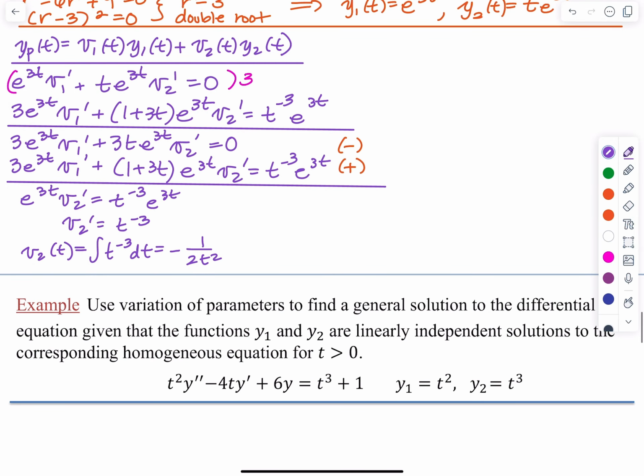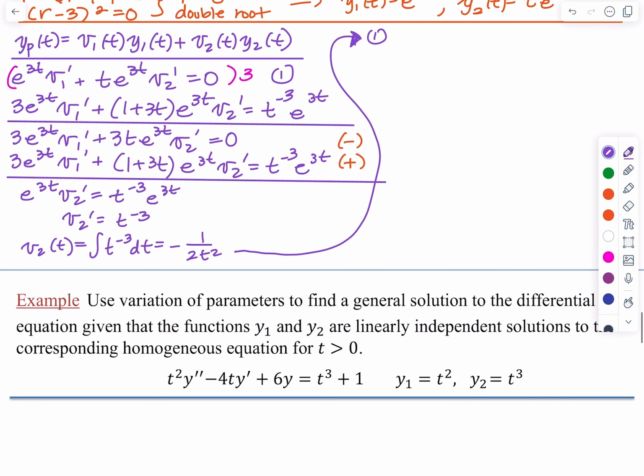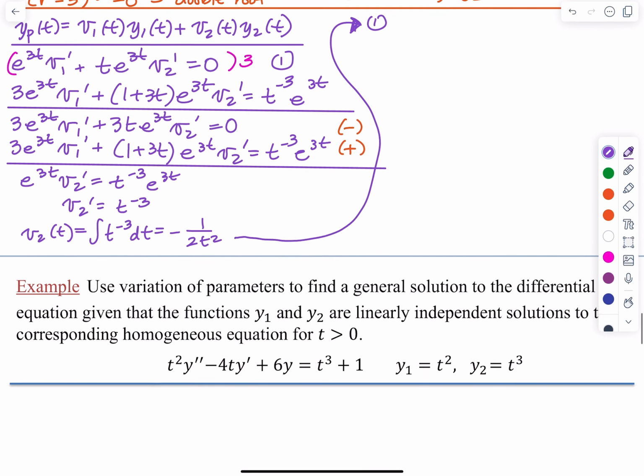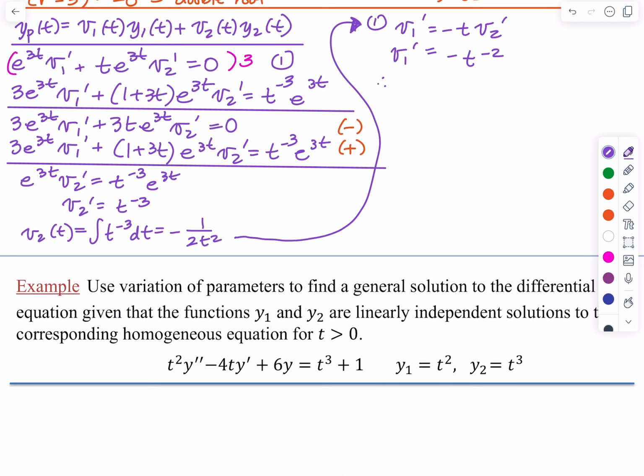Okay, we're going to go back to that first equation right here, and substituting v2 prime in, we have v1 prime is equal to the opposite of t, v2 prime, and that is going to be equal to negative t to the negative 2. So that's v1 prime. Therefore, v1 is going to be the integral of that, and that's going to be equal to 1 divided by t.